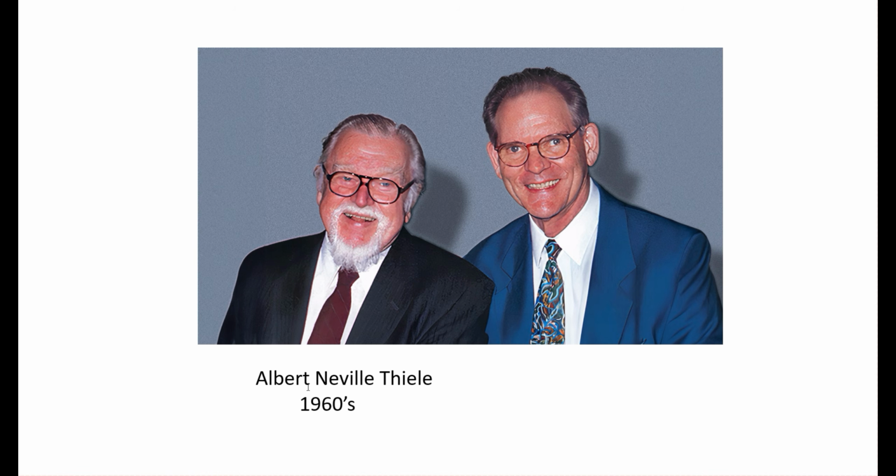In fact, Albert Neville Thiele was the initial researcher that did a lot of the scientific research on speaker and box design, and then an American scientist came along a little bit later, a guy called Richard Small, who moved to Australia, and he developed a lot of the actual techniques to do the measurements themselves. And so together, both working at Sydney University, they developed a number of scientific papers that today we refer to as the Thiele-Small parameters.